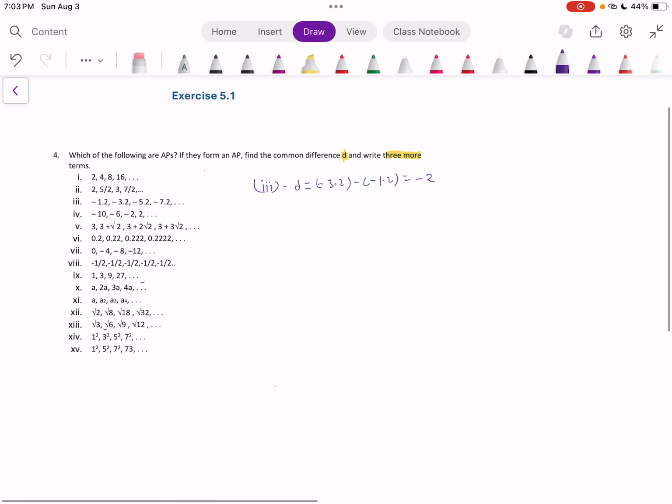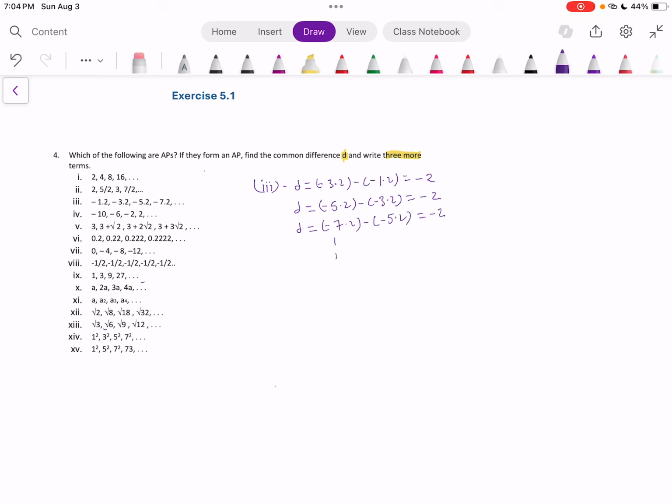Sorry, negative 2. Then negative 5.2 minus negative 3.2, this is negative 5.2 plus 3.2, it's again going to be negative 2. D, negative 7.2 minus negative 5.2, negative 7.2 plus 5.2, which is again going to be negative 2.